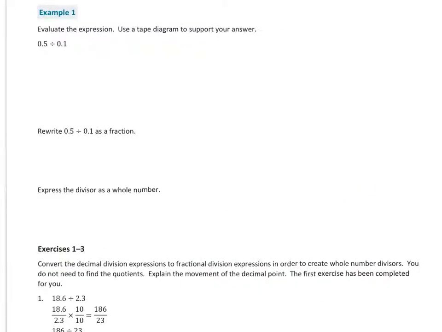So now let's try this with decimals. So we have 5/10 divided by 1/10. So if you'll notice, 5/10 is equivalent to 1/2, and 1/10 is equivalent to 1/10. So this is the problem we just solved. So this is still 1/2 divided by 1/10.